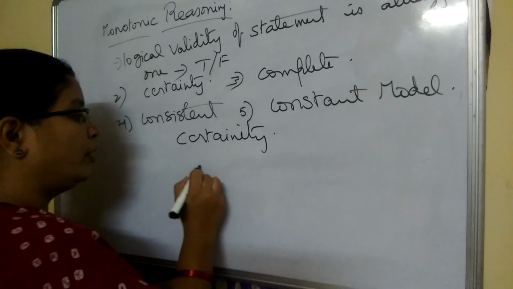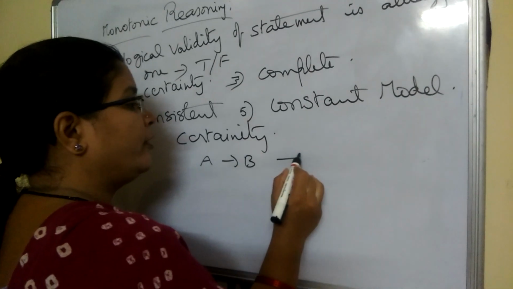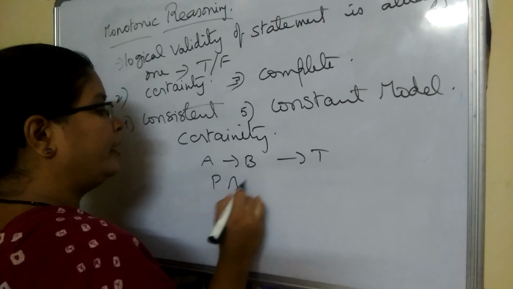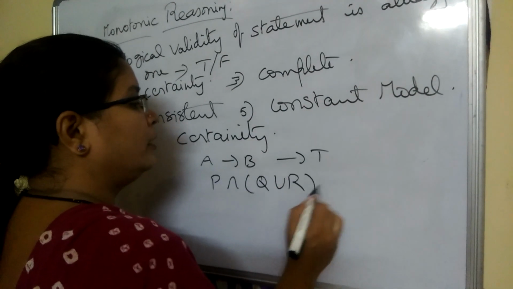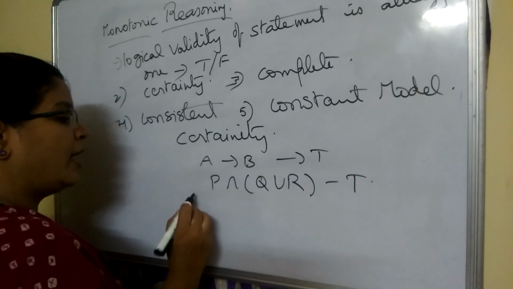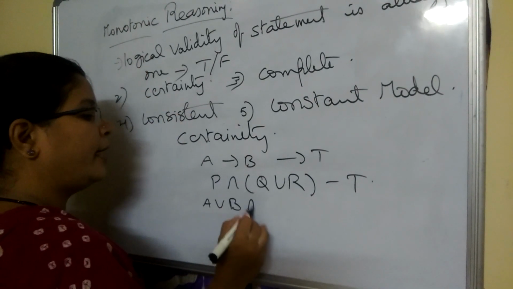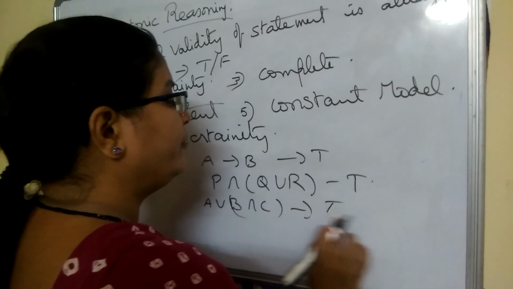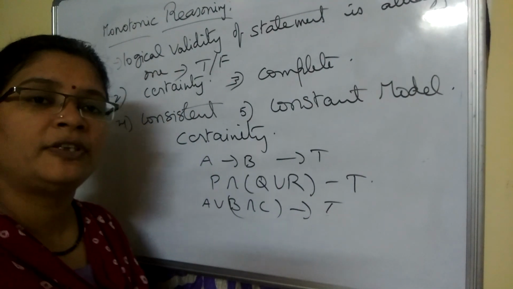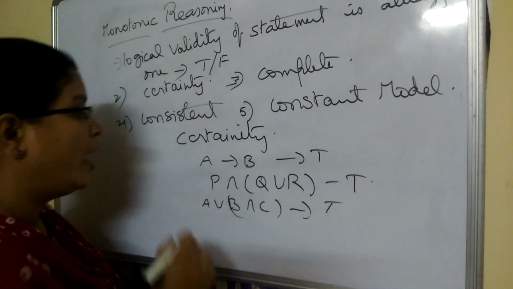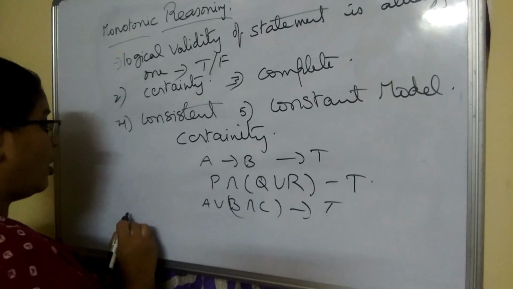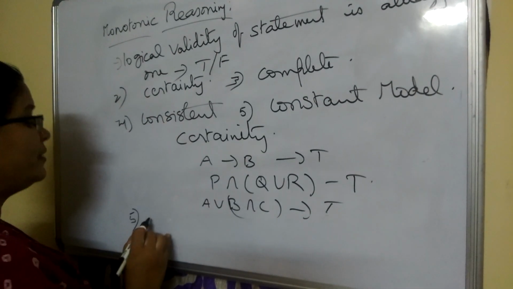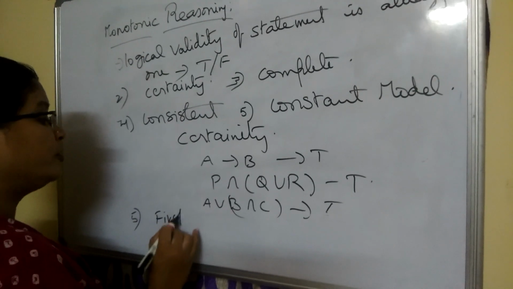For example, A implies B is always true, P and Q or R is always true, and so on. So like that we can say the logical validity of each and every statement is true. Hence, another name for monotonicity is first order logic.